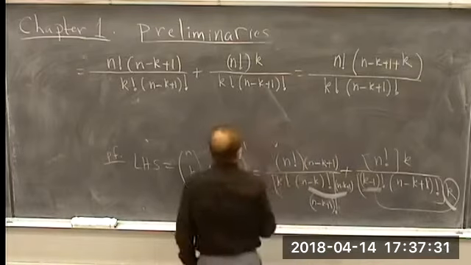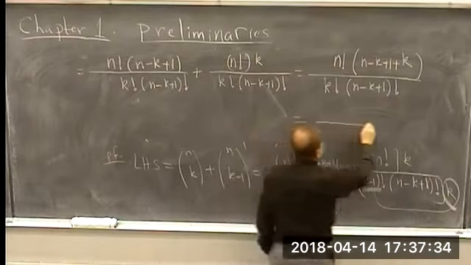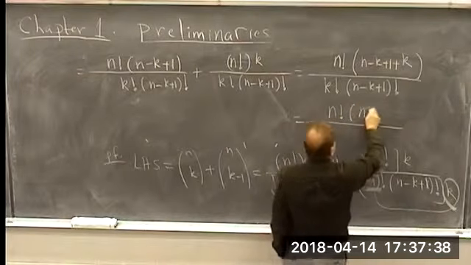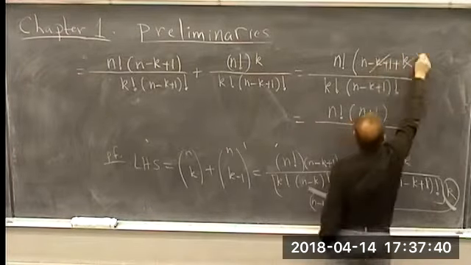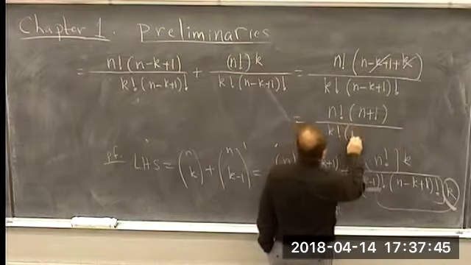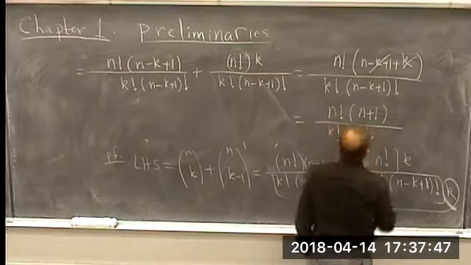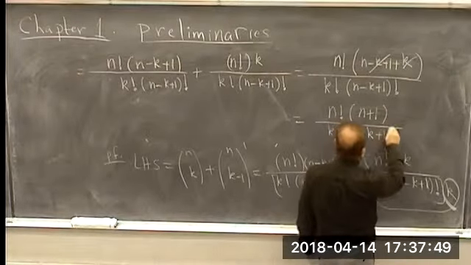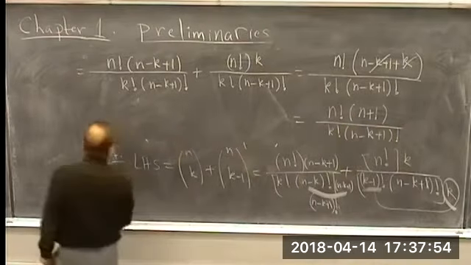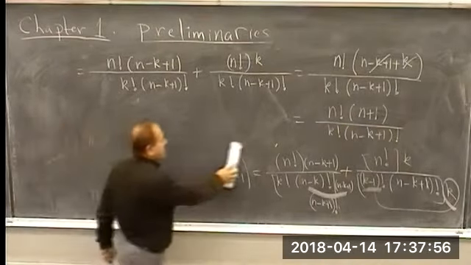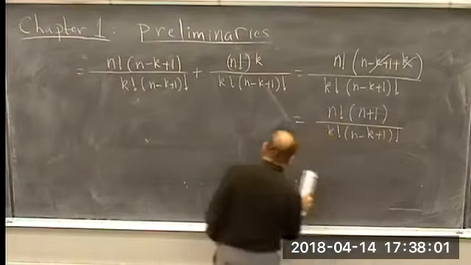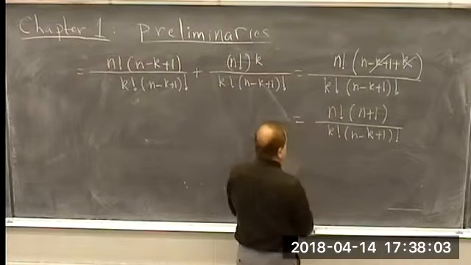So all together, we have n factorial times n plus 1. The k's cancel out. And the denominator, of course, is as is, k factorial times n minus k plus 1 factorial. All right? Well, let's write that one as a binomial coefficient. We need one more step.